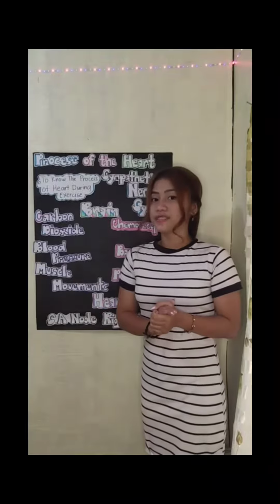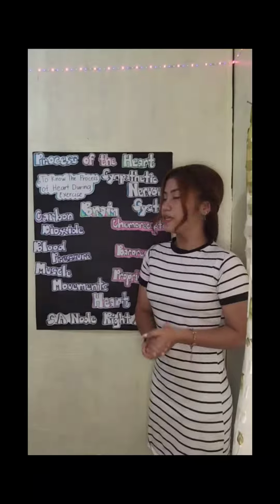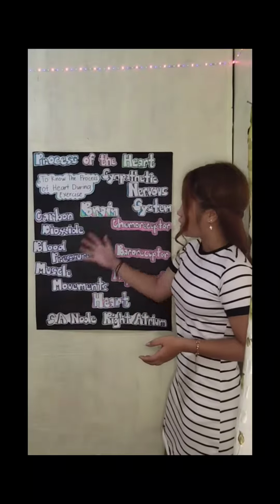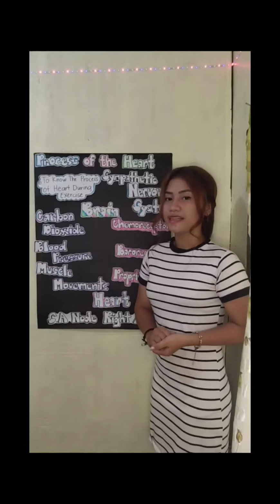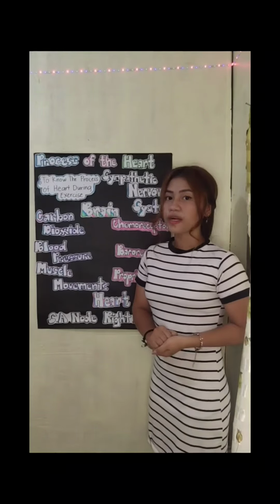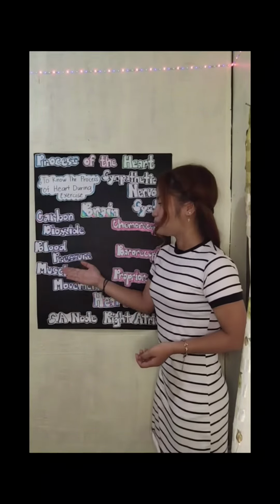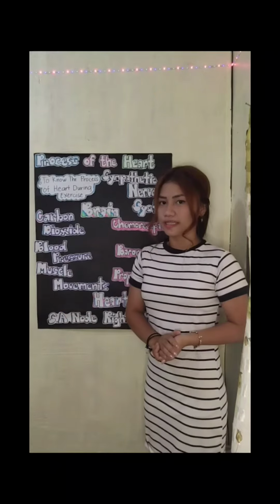So during exercise, this process is called the sympathetic nervous system. And this happens if our carbon dioxide, blood pressure, and muscle movements are increasing.